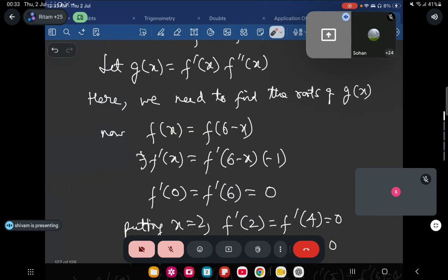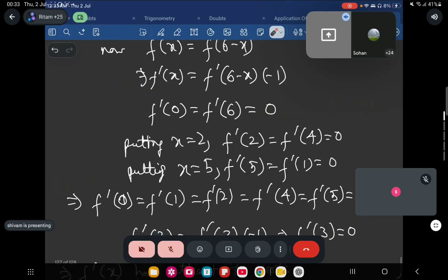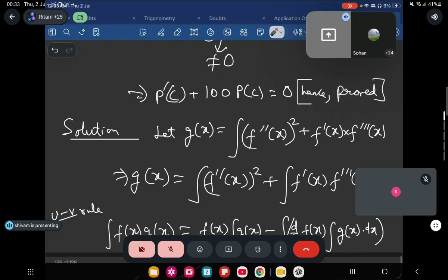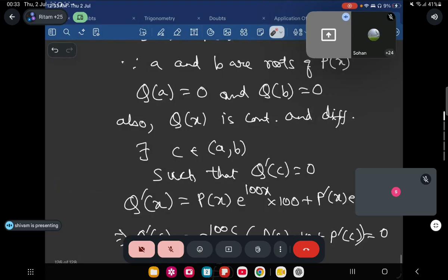So over here, we need to find out the roots of g of x. Then only we can find out the roots of g dash x. So I've got f of x equal to f of 6 minus x. f dash x equal to f dash of 6 minus x into minus 1. Then in the question, it was given f dash 0 is equal to f dash 2 is equal to f dash 5 is equal to 0.